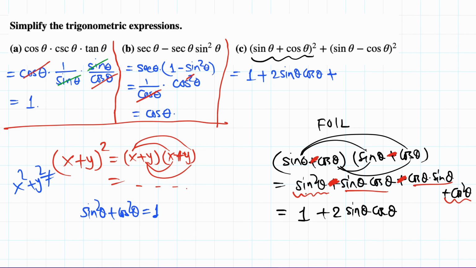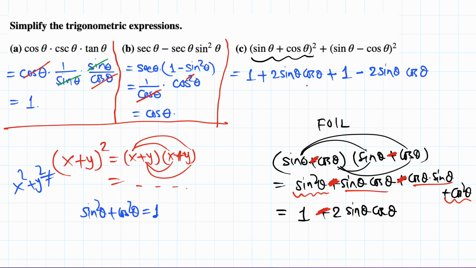Again, first and last, sine square theta plus cosine square theta is 1. In the middle we have sine theta cosine theta and another negative sine theta, so it will be negative 2 copies of sine theta cosine theta. So we end up getting 1 minus 2 sine theta cosine theta.